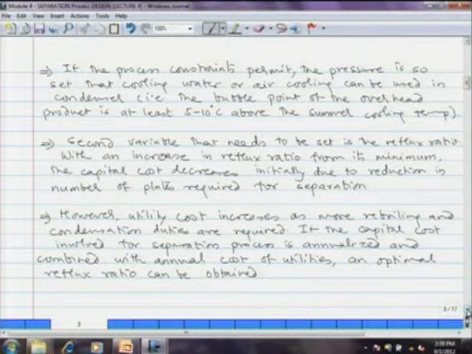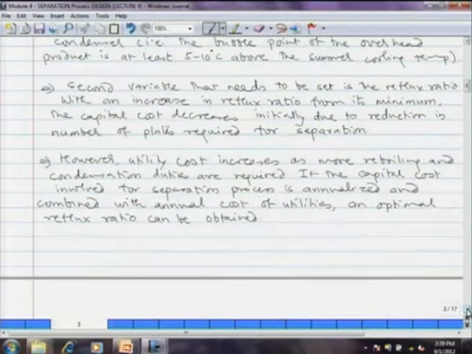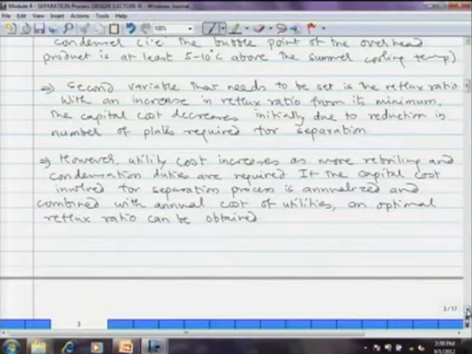The second variable that needs to be set is the reflux ratio. You have seen the variation of the column plates with reflux ratio in the course of mass transfer. You know that with increase in the reflux ratio from its minimum, the capital cost will be reduced because the number of plates will reduce.